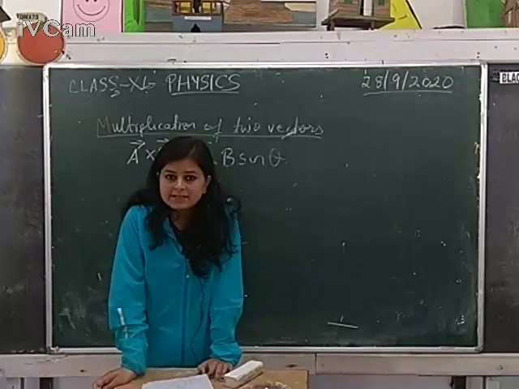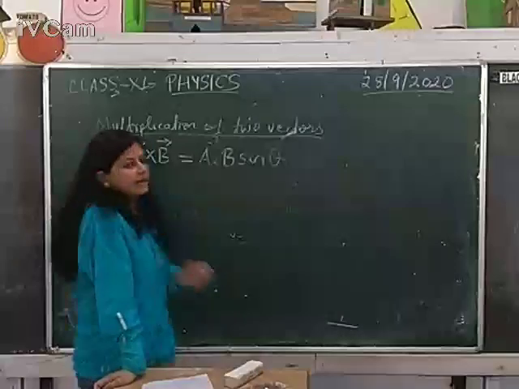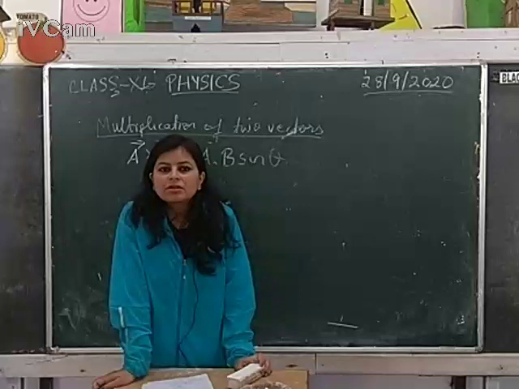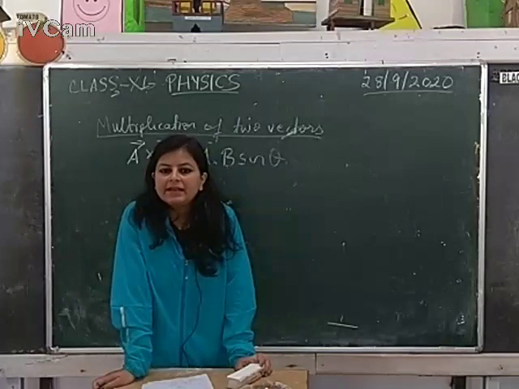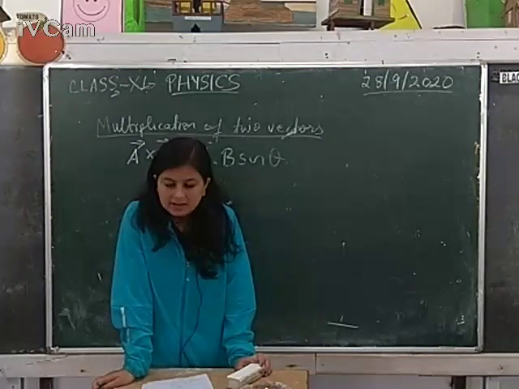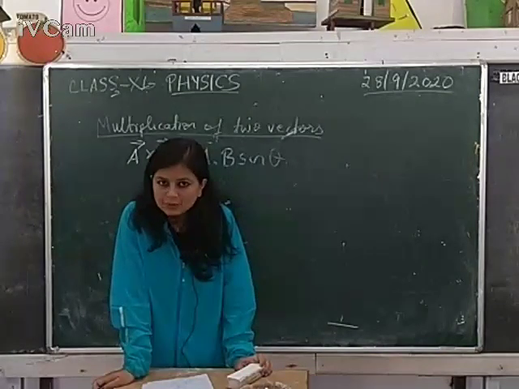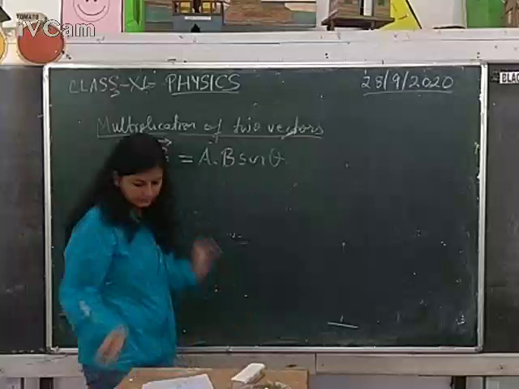And since it is a vector, finding magnitude is never enough. We should also be finding the direction, and the direction of the new vector after multiplying in a vector manner is perpendicular to the plane containing the two vectors, okay.